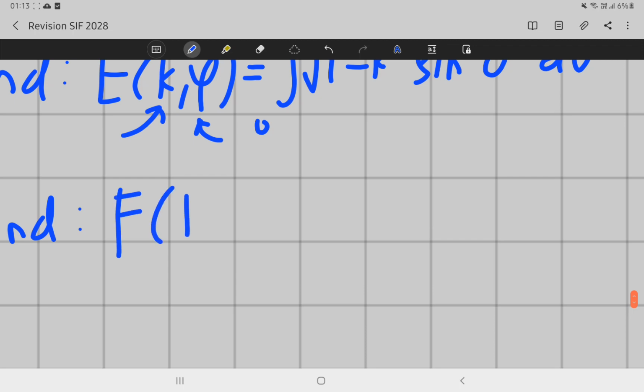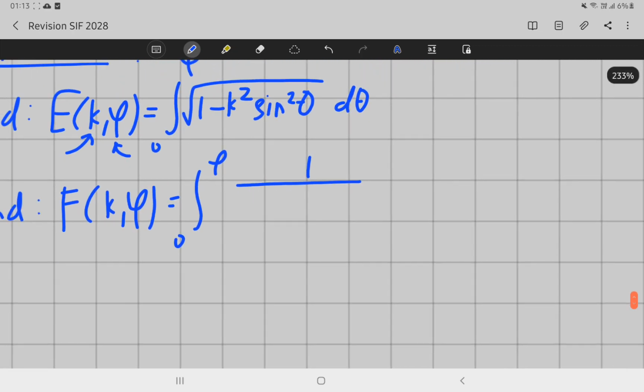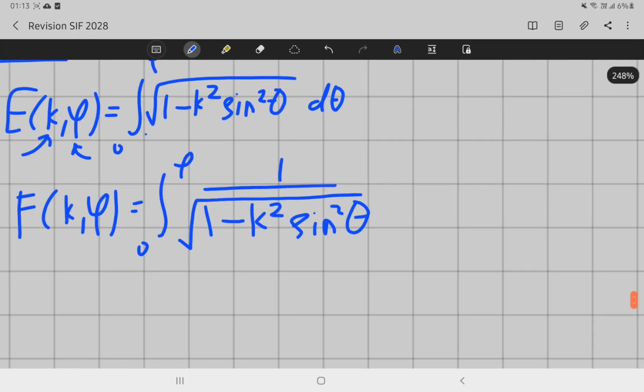F(k, phi), the integration from 0 to phi of the reciprocal of the function 1 minus k square sine square theta. So it's just the reciprocal of the function inside the integration of the first kind.